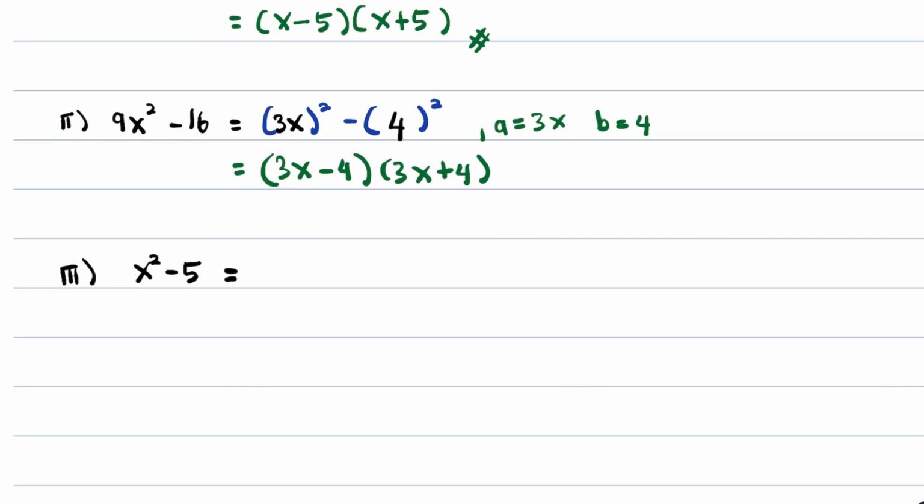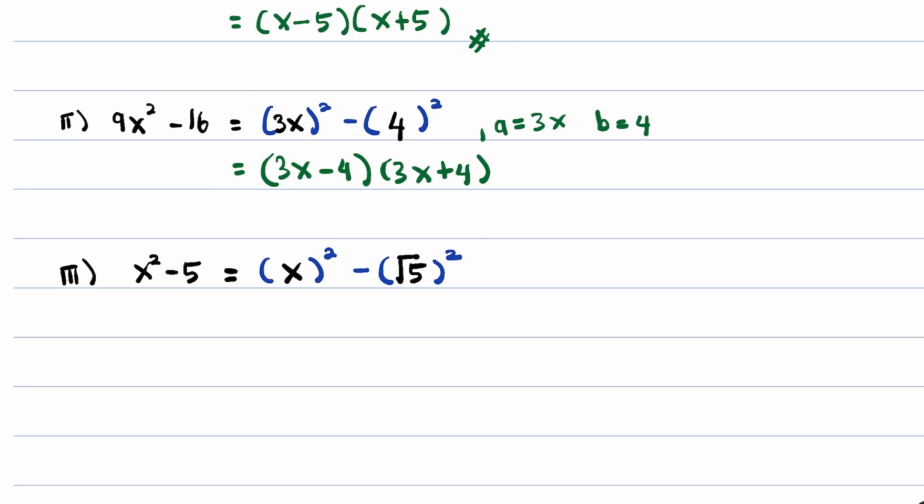So what you can do is, again, change it into this form first, so that you can use the formula a squared minus b squared. You will have x here. So what number, if you square it, gives you 5? The trick is to take this number and just square root it. Now don't put in the decimal, just leave it as the square root.